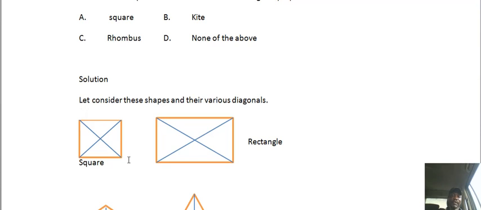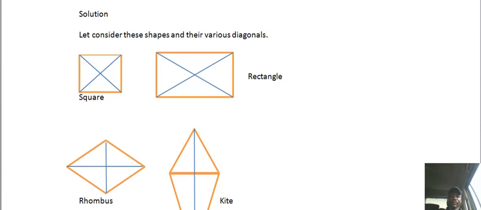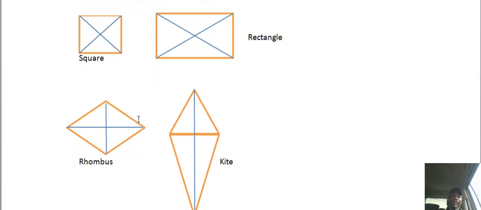If you look at the options here, a square has its diagonals perpendicular to each other, and also a rectangle. If we look at a rhombus, it has its diagonals perpendicular to each other. So also a kite.